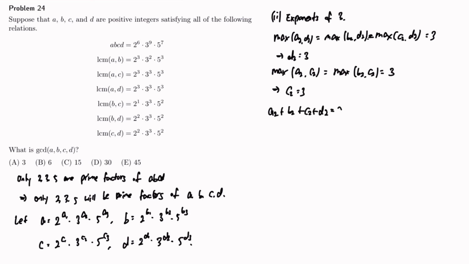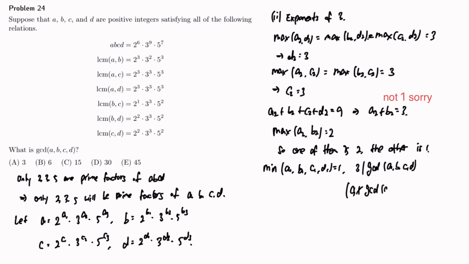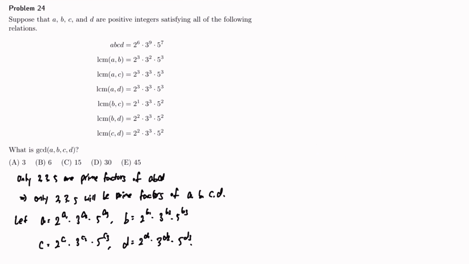We have a2 plus b2 plus c2 plus d2 equals 9, so a2 plus b2 is 3. We then have that the maximum of a2 and b2 is 2. Therefore, one of them should be 2, and the other should be 1. The minimum of a2, b2, c2, and d2 is 1, so 3 is the greatest power of 3 dividing the greatest common divisor of a, b, c, and d.